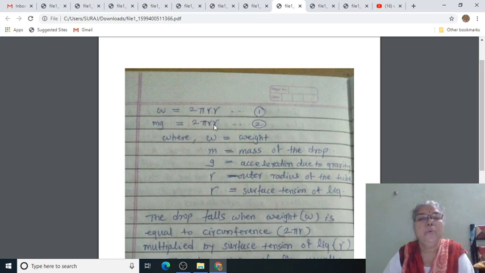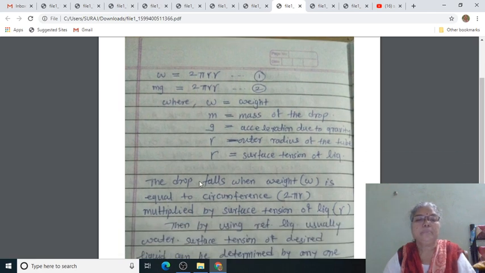r into gamma, where W is the weight of the drop, m is the mass of the drop, g is the acceleration due to gravity, r is the outer radius of the capillary tube, and gamma is the surface tension of the liquid.